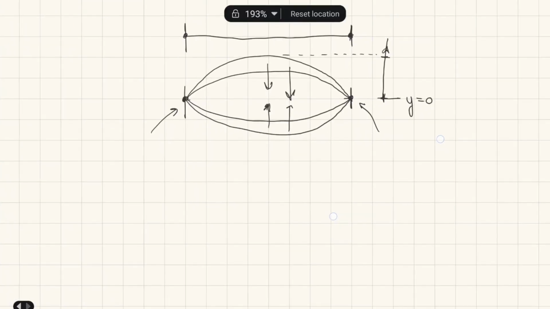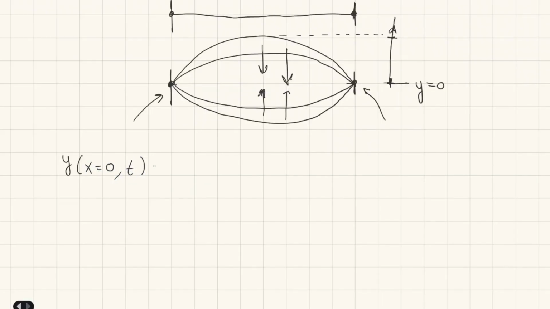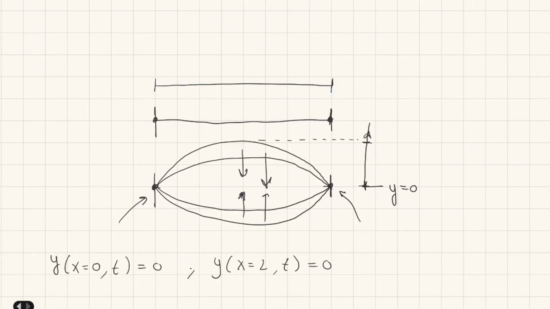So from that fact, we can say immediately that y evaluated at x equals 0 and at any time t will be equal to 0, and that y evaluated at x equals L and any time will be equal to 0, where L is, of course, the length of the string.